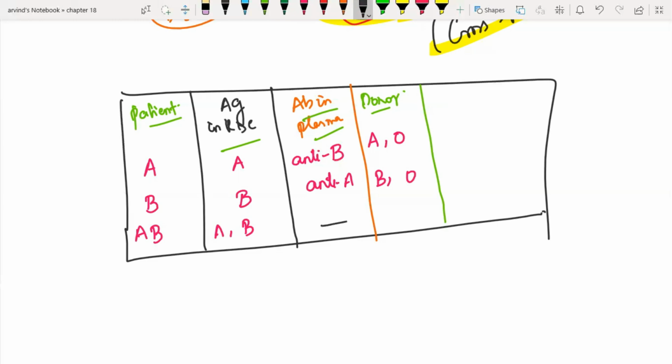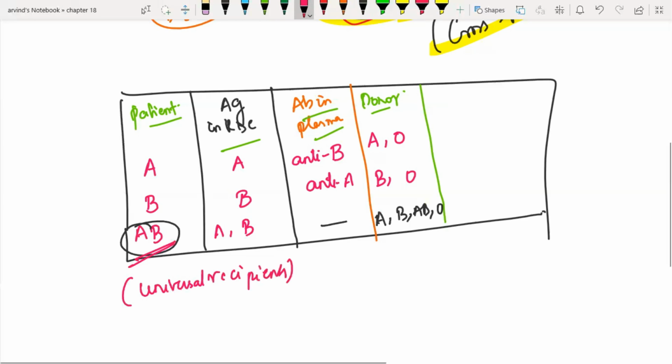So this person, lucky fellow, if he is having AB blood group, he can receive blood from anybody, because whatever antigen I give, he does not have any antibodies, right? So there is no concept of cross matching or some kind of a serious reaction. Lucky fellow, right? So that is why AB blood group patients are called universal recipients, because they can accept from anybody.